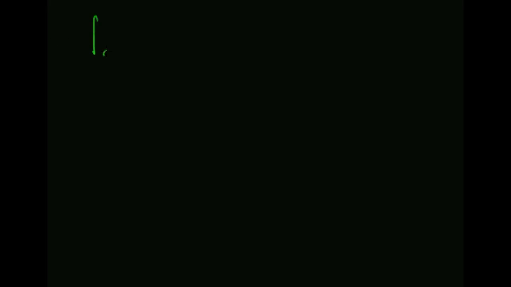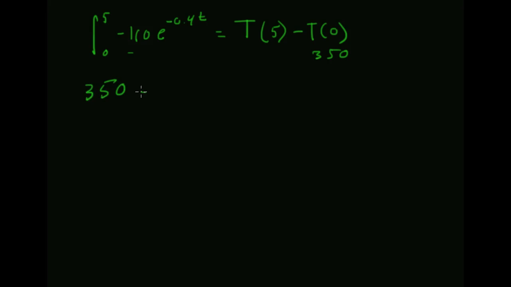So we know that the integral from 0 to 5 of negative 110 e to the negative 0.4 t is equal to the temperature at time 5 minus the temperature at time 0. But we know the temperature at time 0 is 350, so we should be able to rewrite this as 350 plus the integral from 0 to 5 of negative 110 e to the negative 0.4 t dt.